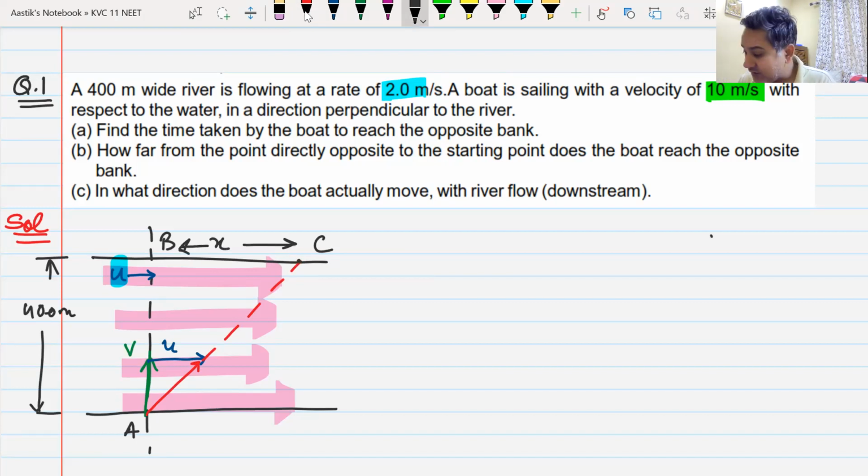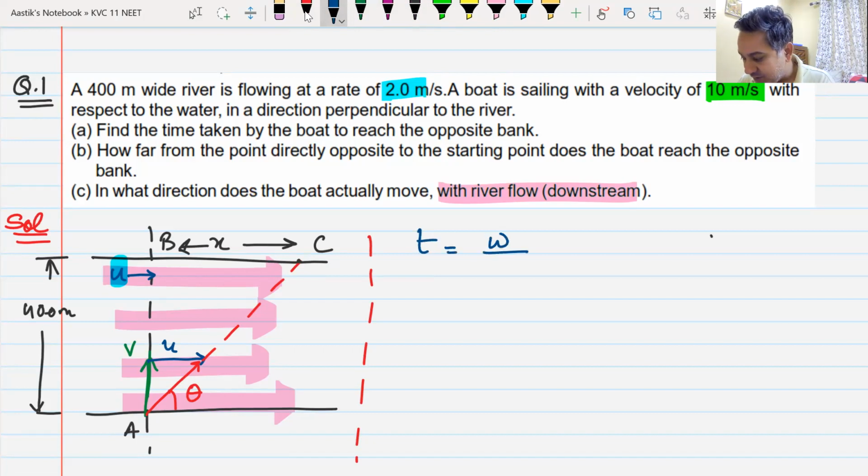And what they're asking you is this angle with the direction of river flow. Having understood this, you can find out the first thing, which is the time.